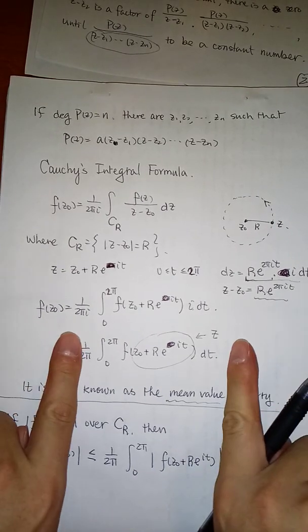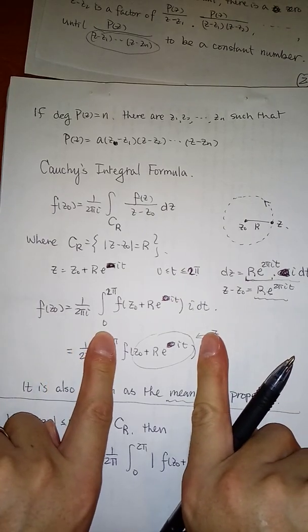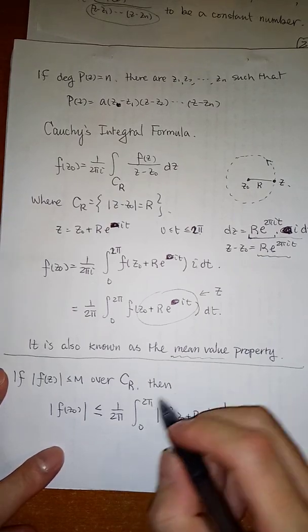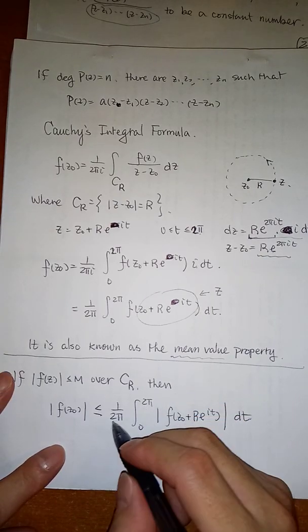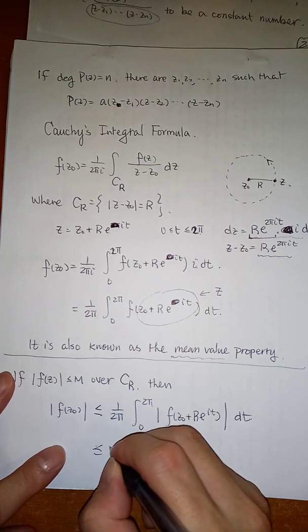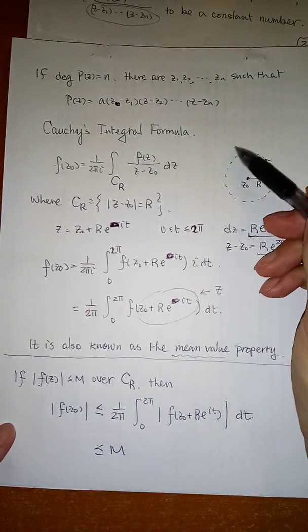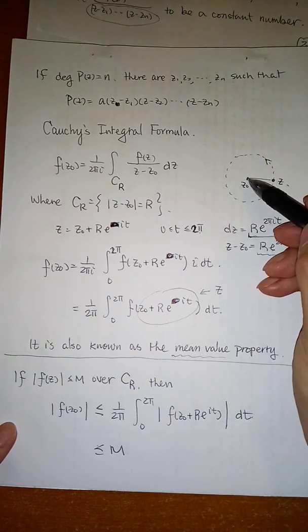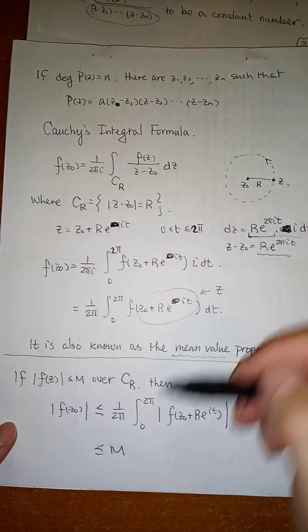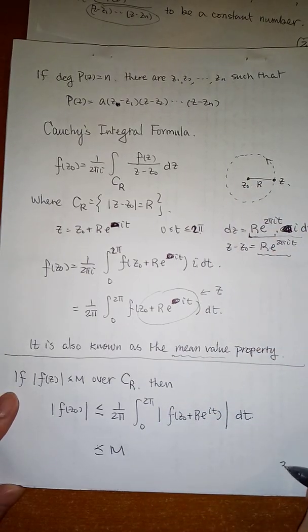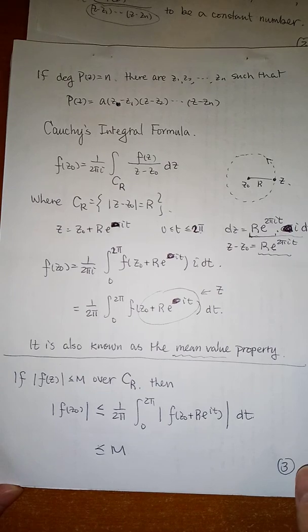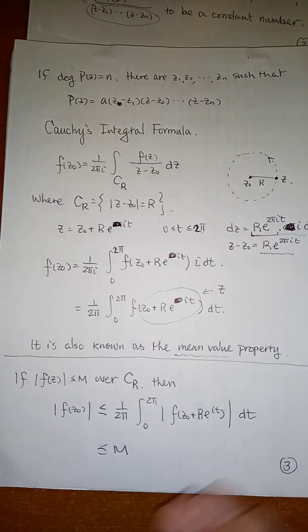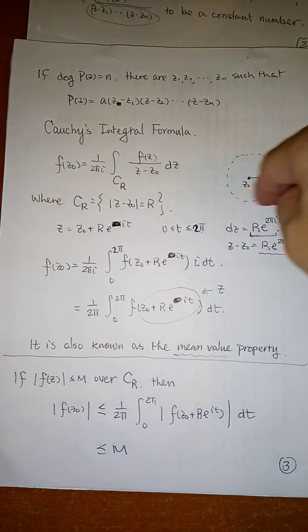When you move the absolute value into the integral, you have an inequality, and this is less than M. You integrate M over the interval and divide by 2 pi, you get M. So if you know that the function around the circle is bounded by M, then the function evaluated at the center is also bounded by the same M. That's the property from the boundary to the center.